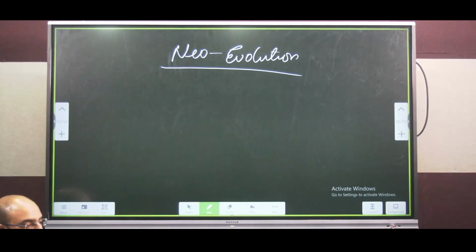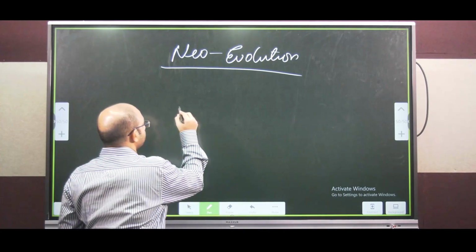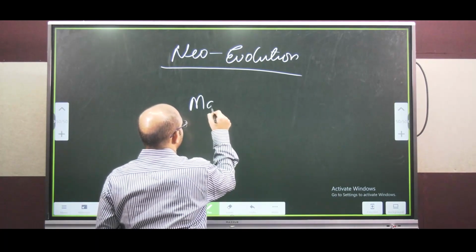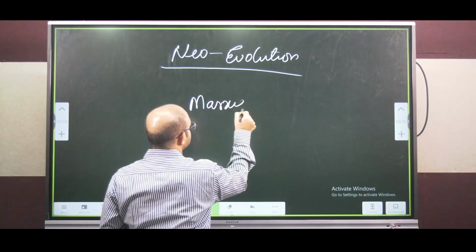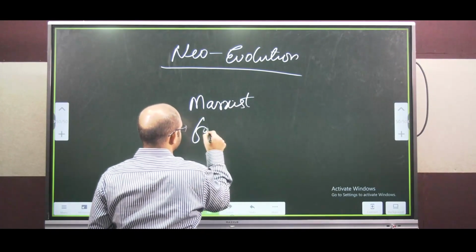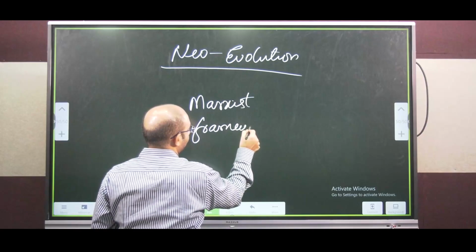It was armchair anthropology and it was ethnocentric, and the whole schemes of classical evolutionists were found to be wrong. So to correct those anomalies, the Neo-evolutionist approach was formed, and both Steward and Leslie White believed in the Marxist framework of society. They took a Marxist framework.